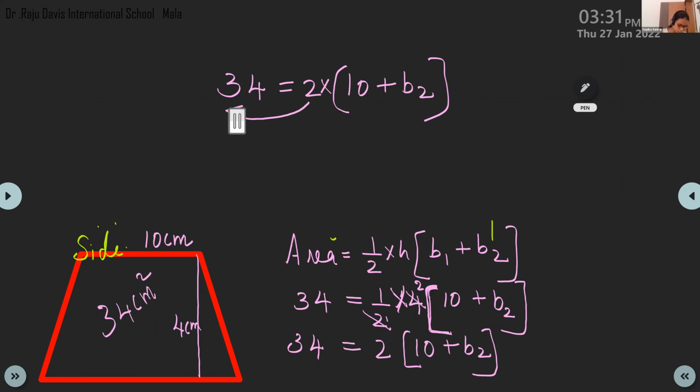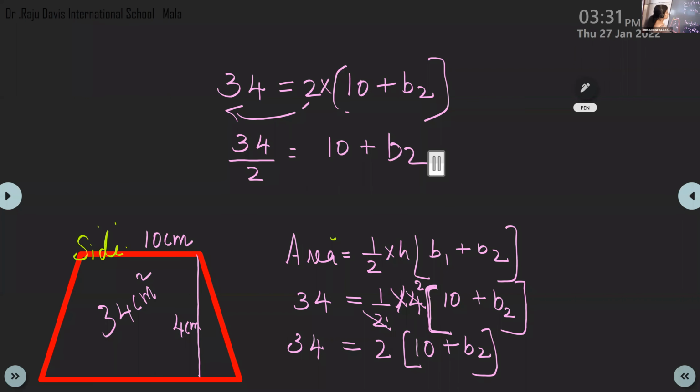We'll bring 2 to the left side. So 34 by 2 is equal to 10 plus B2. Now you can remove the bracket because that 2 is not there. 34 by 2 is 17.